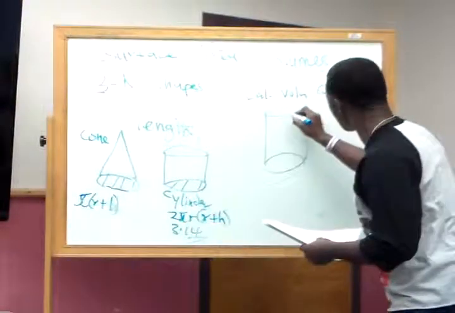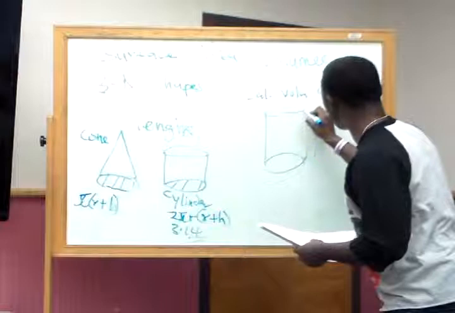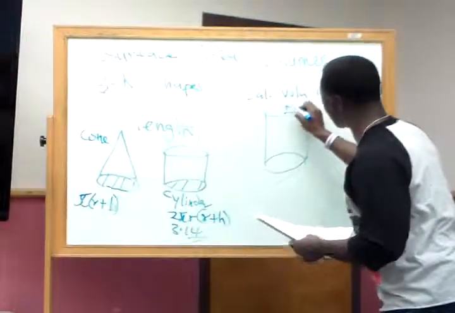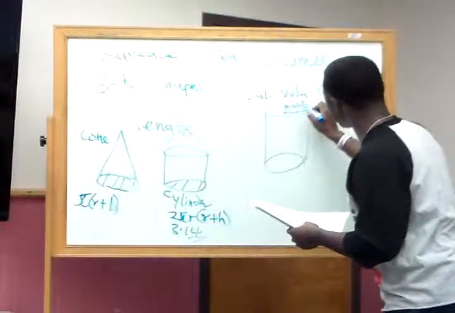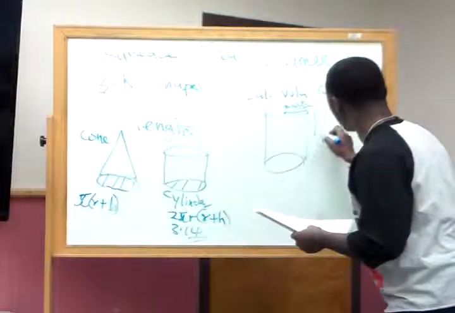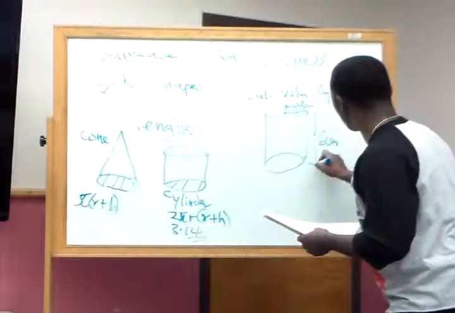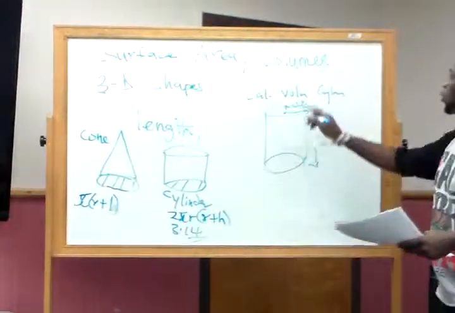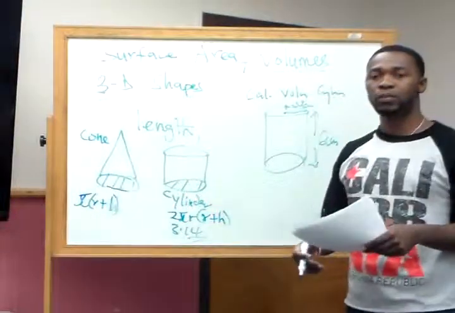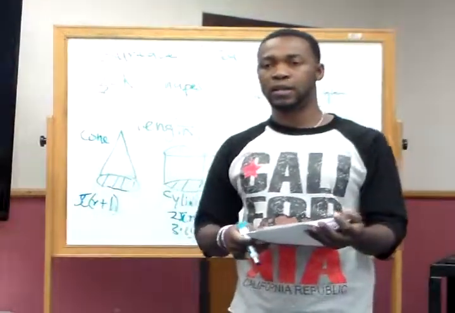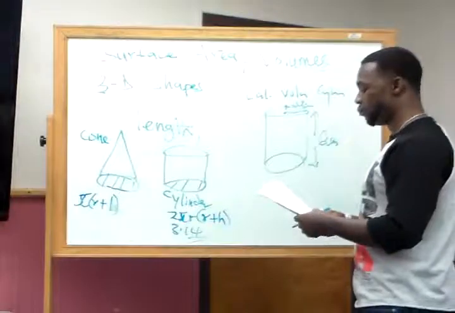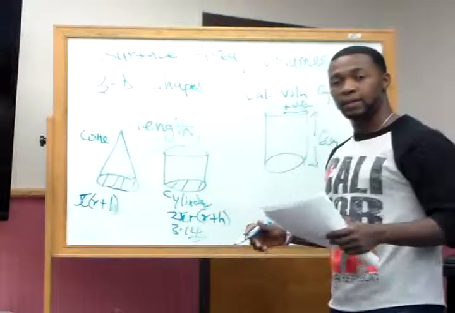The radius here, which is our r, is going to be 4 centimeters, and then the height is going to be 6 centimeters. All right, so the volume, based on the formula chart, what is the formula for the volume?